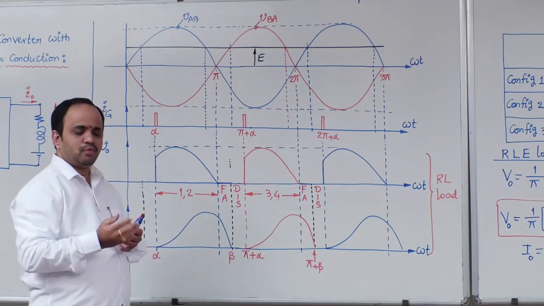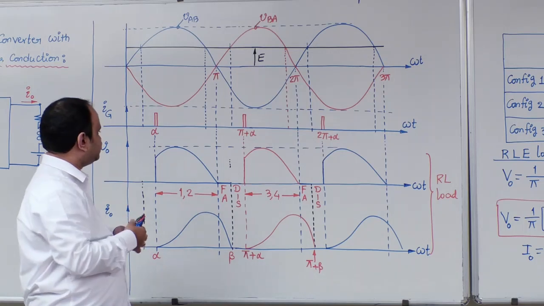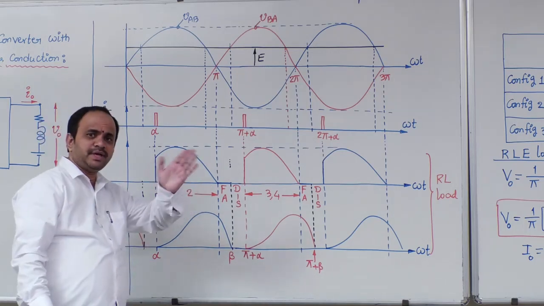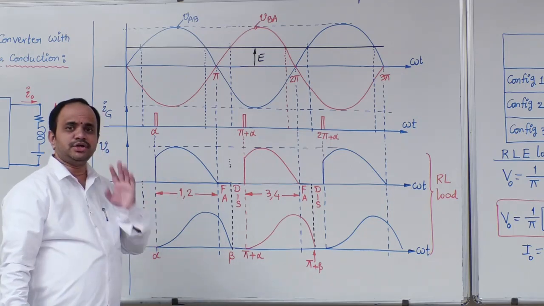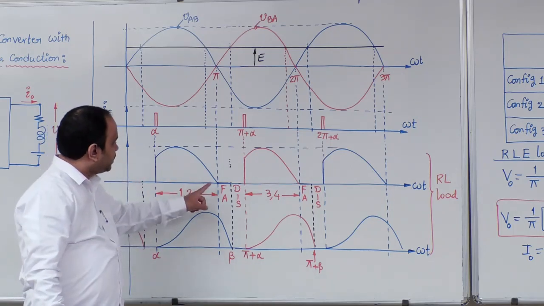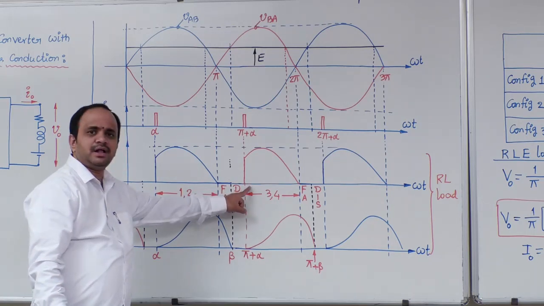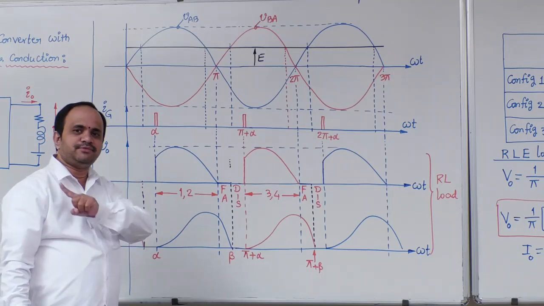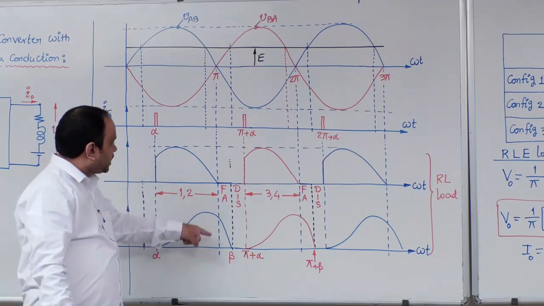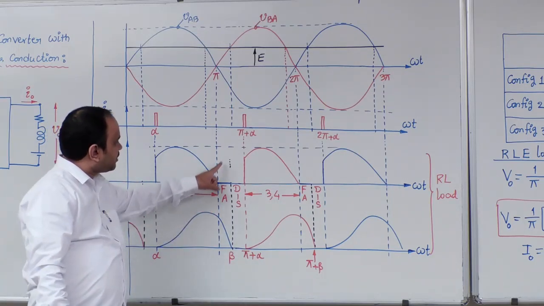One important conclusion: in our previous analysis of the semi-converter with continuous conduction, from pi to pi plus alpha the output voltage was 0 due to completely freewheeling action. But now freewheeling action is only up to beta.